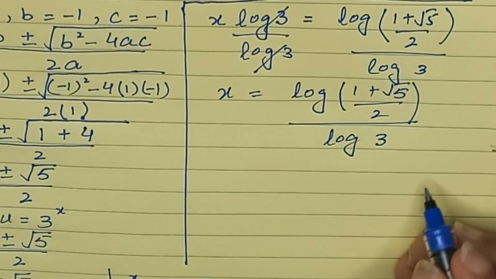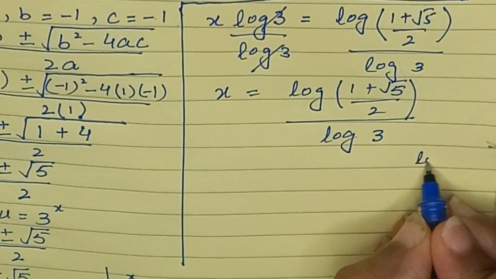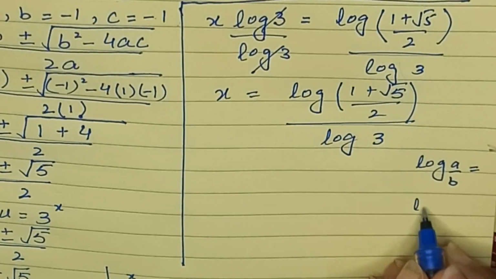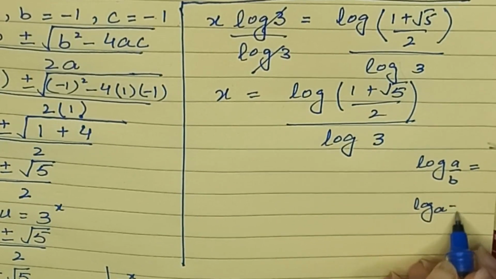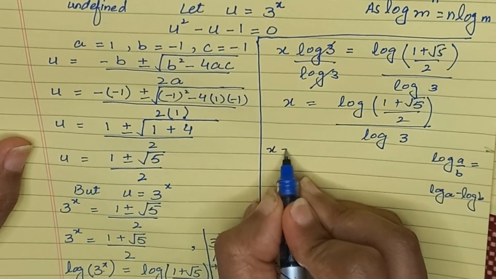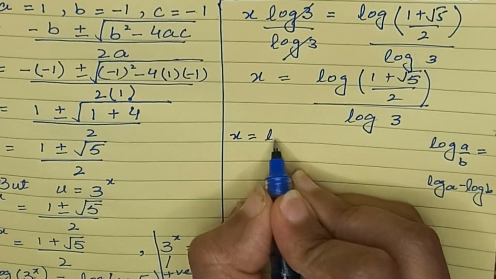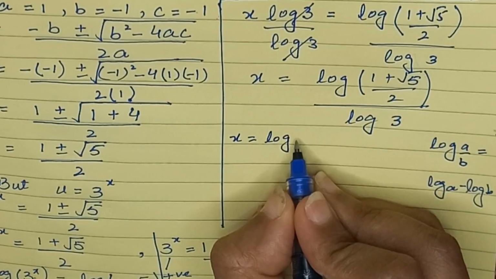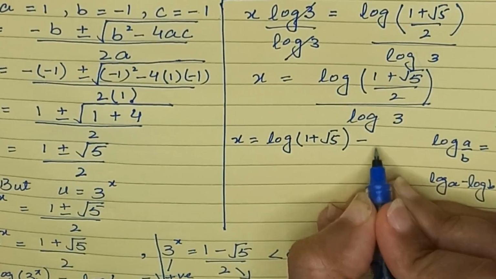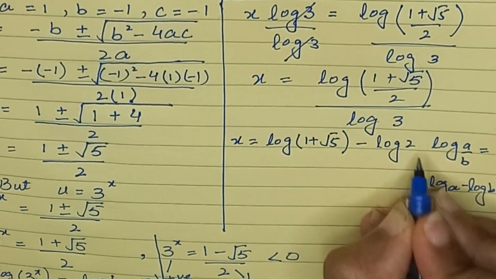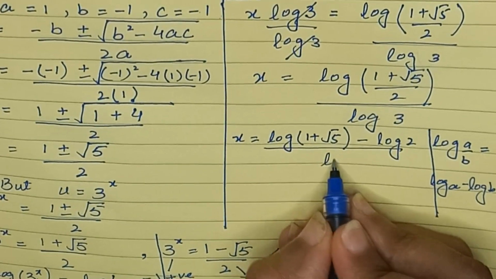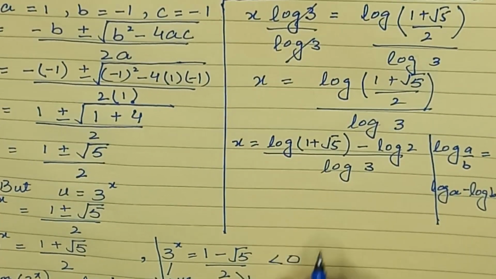As log of a divided by b is equal to log of a minus log of b, it will become log of 1 plus square root of 5 minus log of 2, divided by log of 3.